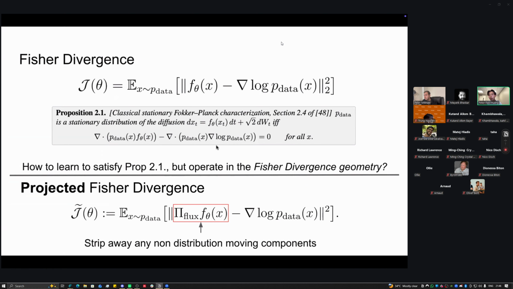So this vector field could be any curl or any interesting dynamic, but it still maintains this equivalency. What this projection operation does is strip away any of those non-distribution moving components, that is, any component where the divergence of the flux is not 0, or is equal to 0, so it strips away those components.